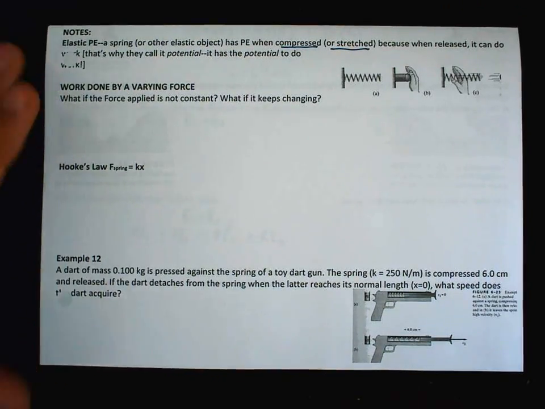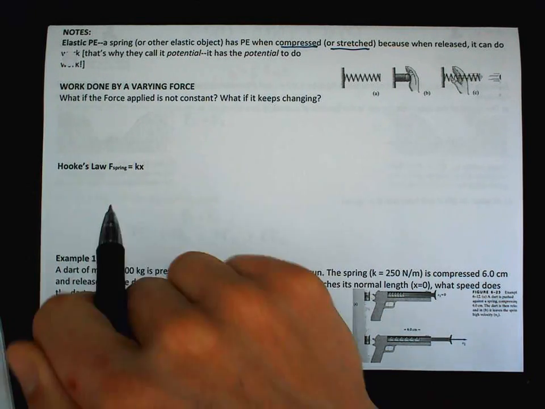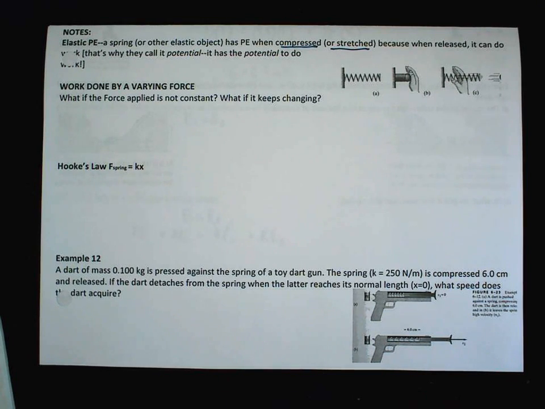Now you already know F equals k delta x. That's Hooke's law. That tells us what's happening with force when we compress or stretch something. We have that down here. Now we're going to deal with this with energy as well.